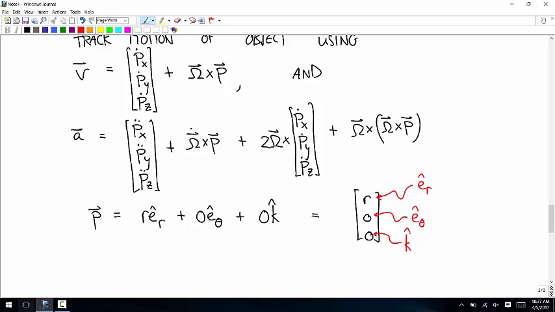For the position, yes. But it's not going to end up being that because of these rotating coordinate system equations.